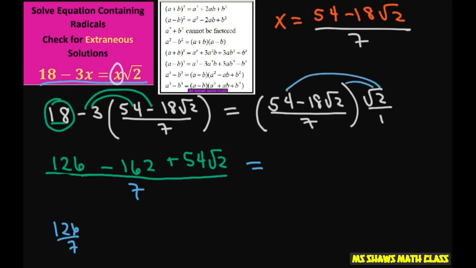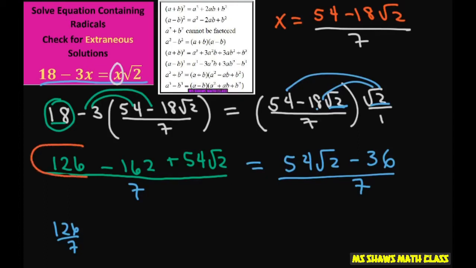So now distribute here. We get 54 square root of 2 minus square root of 2 times square root of 2 is 2 times 18 is 36. Divide it by 7. So we want the left-hand side to equal the right-hand side. Now this 126 minus 162 is negative 36.